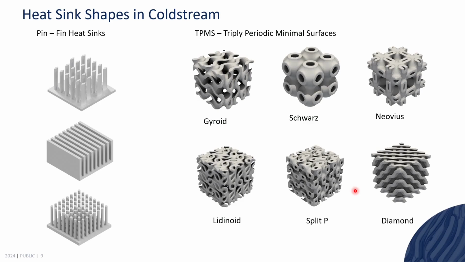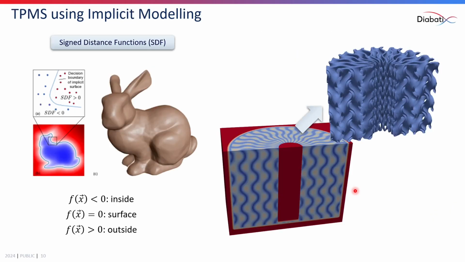I hope this gives you a really good idea of what different capabilities we now have in ColdStream. Let me quickly talk about how we model these TPMS shapes. The method that we use for modeling is basically implicit modeling. In implicit modeling, we represent the boundary in the form of signed distance functions.